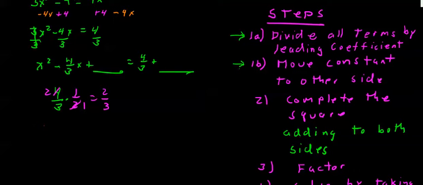We then have to square 2/3. 2/3 times 2/3 is 4/9. So we add 4/9 to both sides.